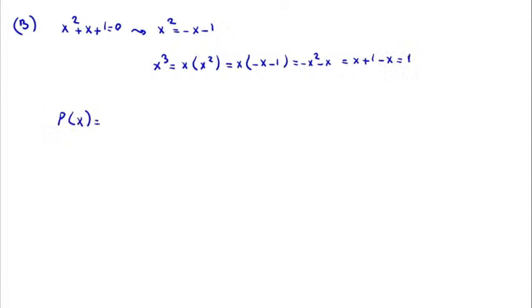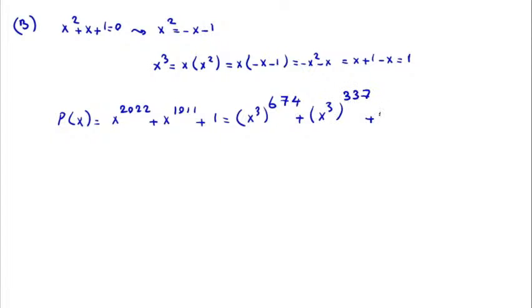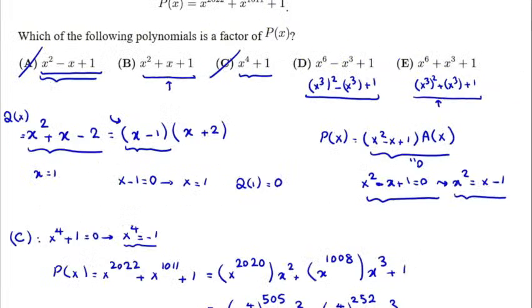Now, p of x, x to the 2022 plus x to the 1011 plus 1, we said is x cubed to the 674 plus x cubed to the 337 plus 1. X cubed is 1, so it will be 1 plus 1 plus 1, 3. So it is not 0. So B also will be rejected.